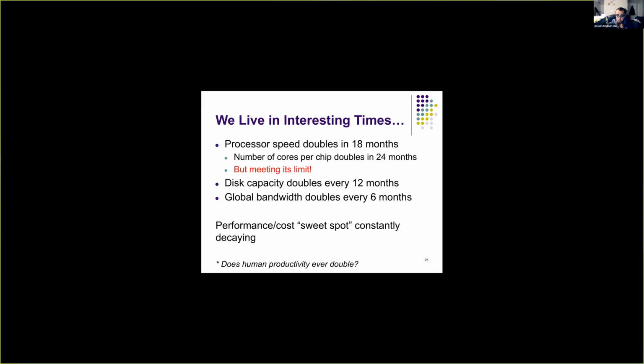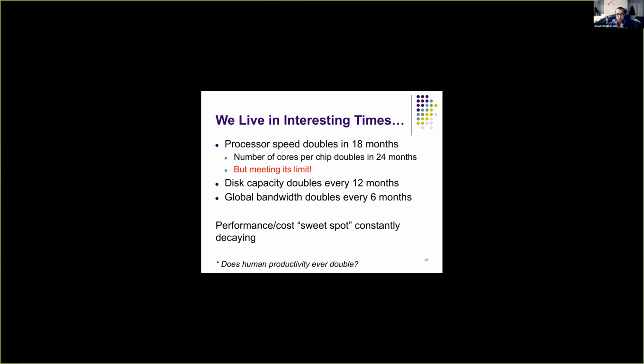And we also live in interesting times when it comes to physical improvements to the hardware. Like processor speed has doubled in 18 months, and number of cores is also doubling every 2 years, and disk capacity doubles every year, and the bandwidth is also doubling every year, every 6 months actually.